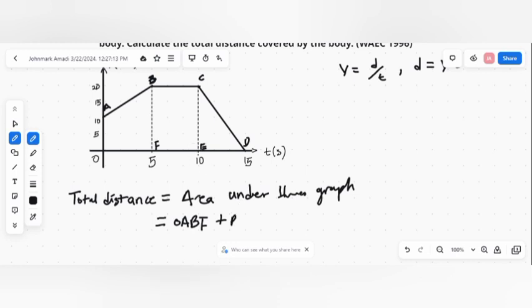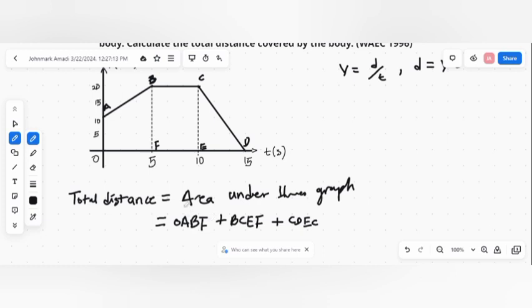Area of BCEF, plus the last shape we have here, which is a triangle. So area of the triangle CDE.